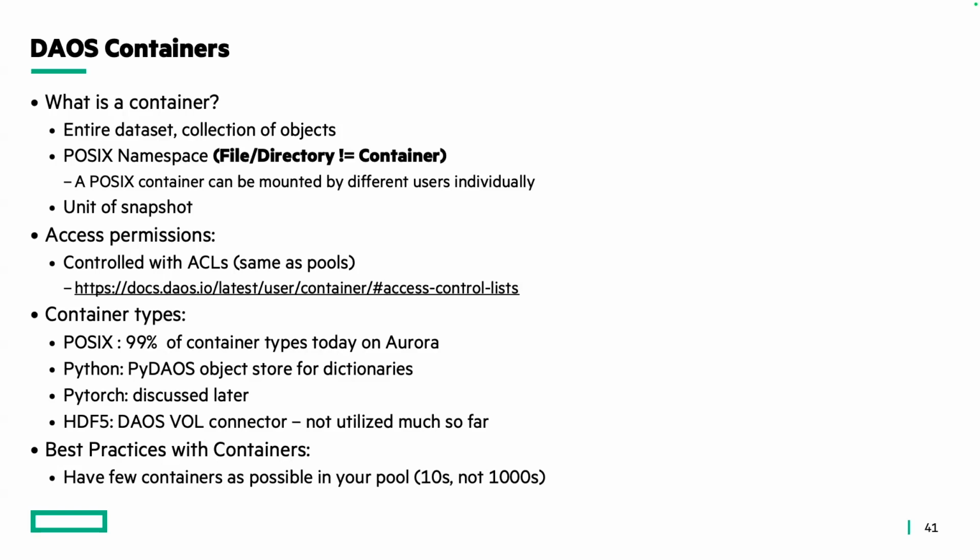And there's the HDF5 VOL type, which is another container type that is also not utilized much, but is available today. As you create an HDF5 file in your POSIX container, the container type is POSIX, not HDF5. The HDF5 container type is only created when you are using the VOL DAOS connector. So, as I said, as few containers as possible in your pool: tens, not thousands.